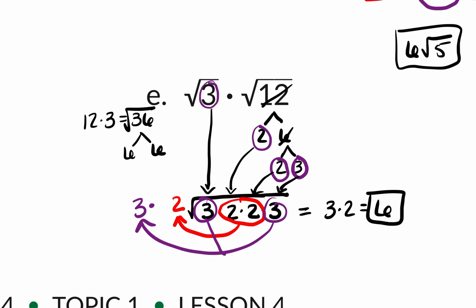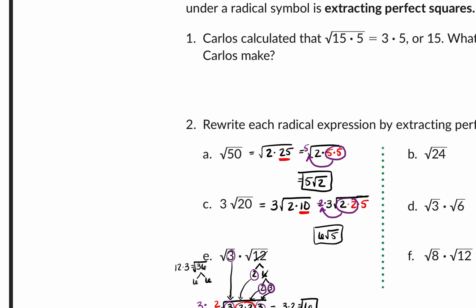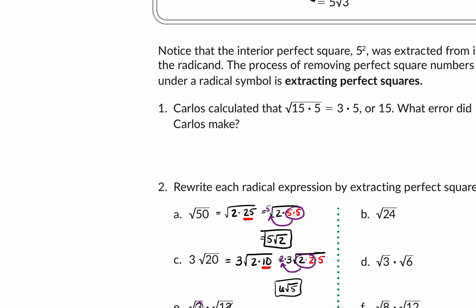So this is where you need to get a little bit more familiar with your square roots. So let's make a little side note. The square root of 49 is 7 because 7 times 7 gets you 49.